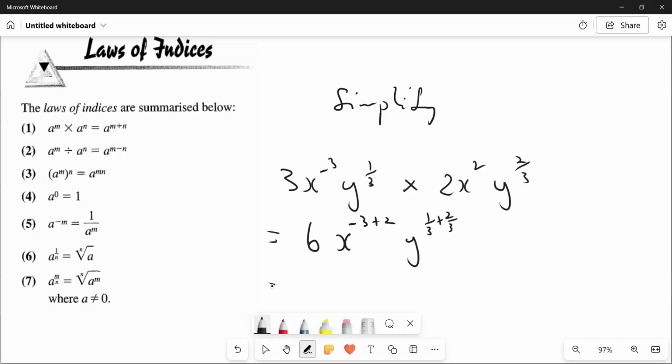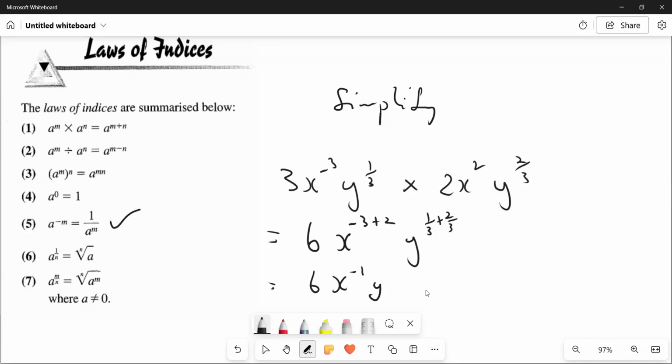So you end up with 6, x to the minus 1, y to the, well, y to the first power, right? Good. Now this negative power here, look at this law: a to the minus m is equal to 1 over a to the m.